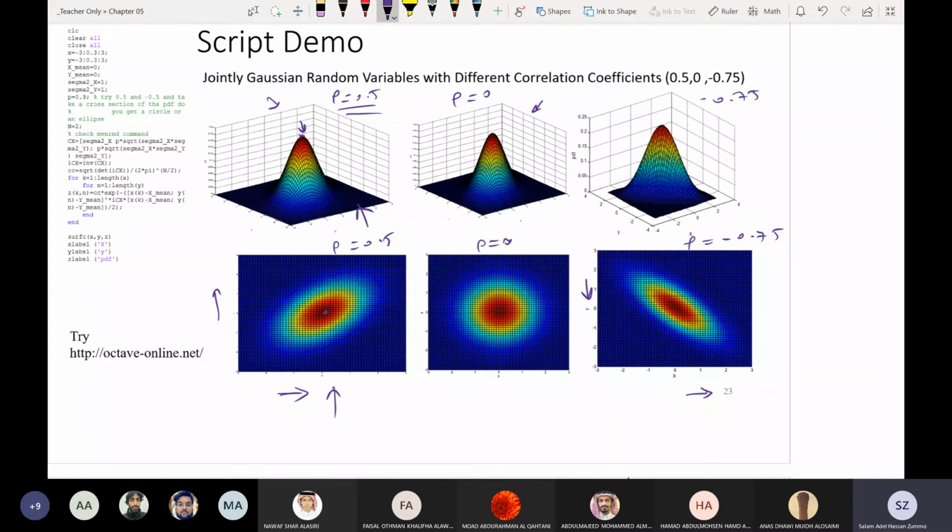And it's more oval than here. Okay? This minus 0.75 is larger in magnitude than 0.5. You feel it is more focused towards the trend line. Alright, everyone?